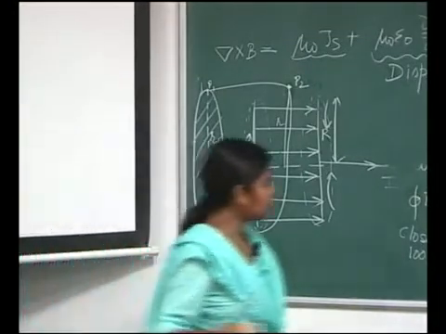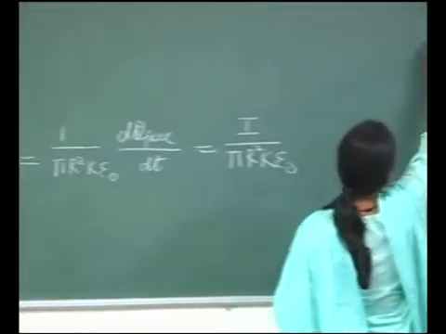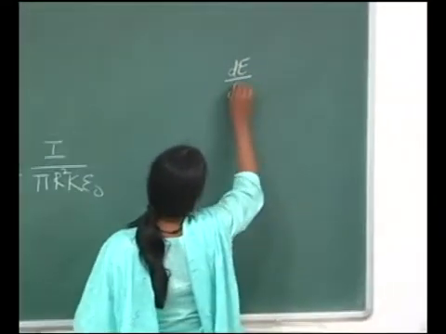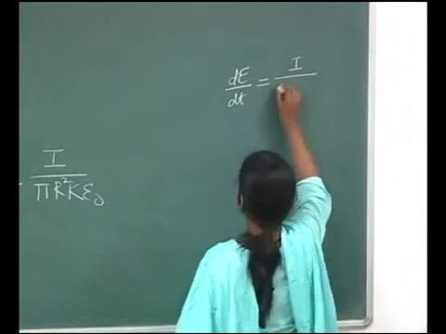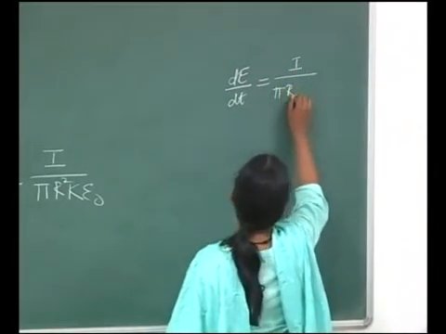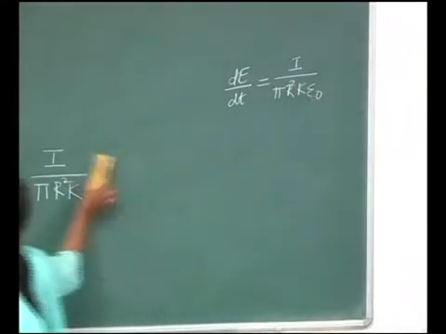To calculate the magnetic field, I will write down here dE by dt is equal to I divided by pi r square epsilon naught. I will rub this now.